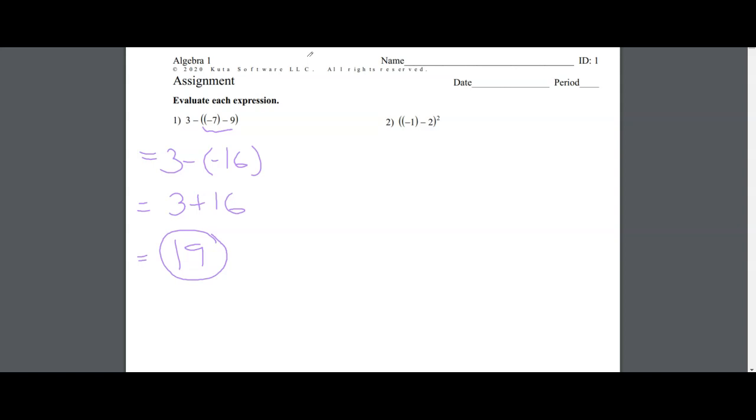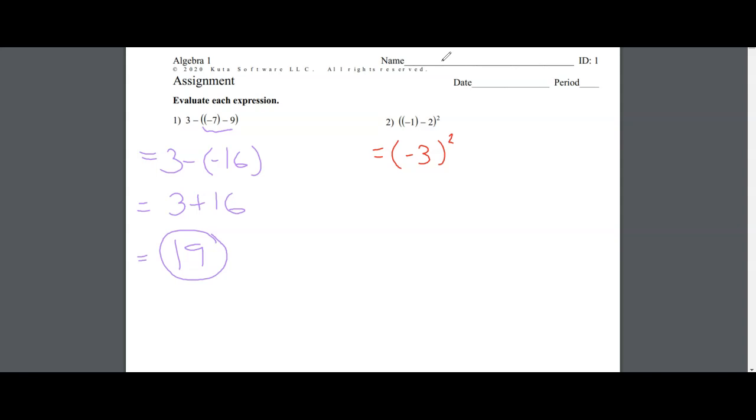On to number 2, we do see an exponent, but remember we are going to do parentheses before exponents. So this means we're going to do -1 minus 2, which is going to give us -3 squared. Remember what exponents do.